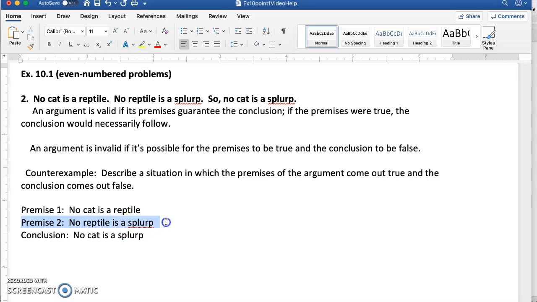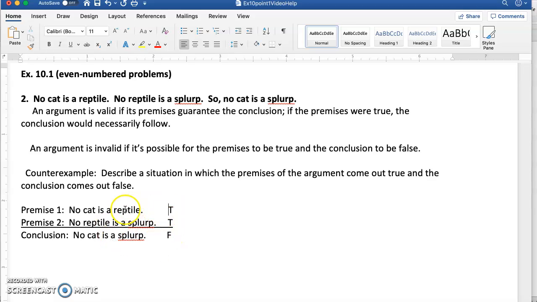Okay, so the question is, is it possible for this premise to come out true, this premise to come out true, and the conclusion to come out false? And again, we're talking about possibility here. We're not talking about whether it's actually true or actually false. We're saying, is it possible this could be true, this could be true, and this could be false?